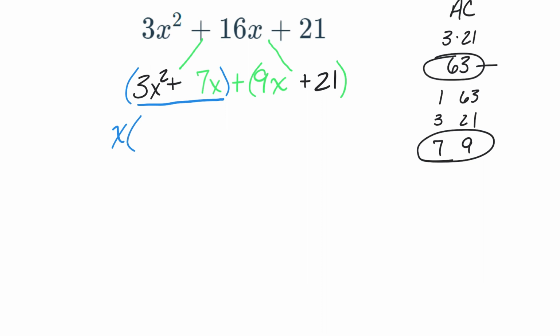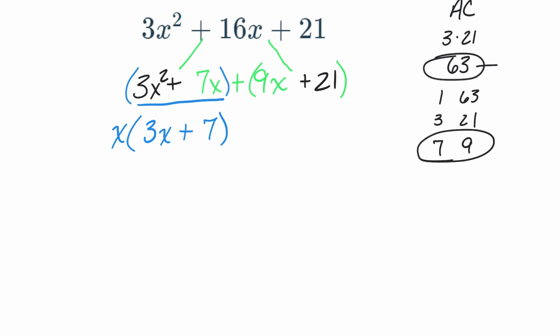And remember, you will always be able to factor out something, because even if the numbers don't have a common factor that you see, we can still factor out a 1. Now in this case, they both have x's, so we're fine. We factor out an x from 3x squared, and we get 3x. We factor out an x from 7x, and all we have is 7.